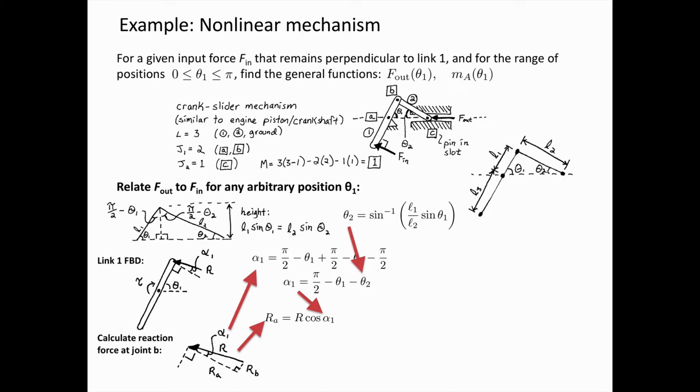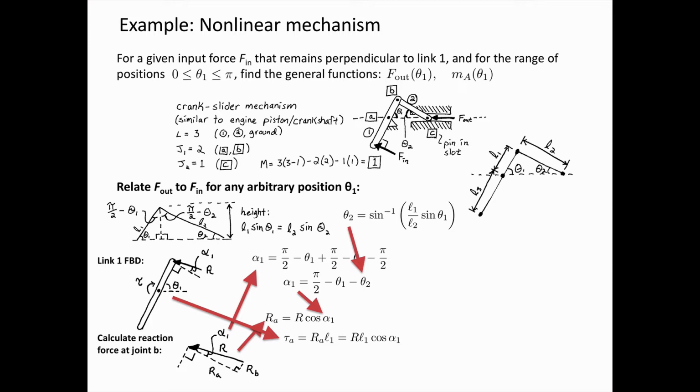Okay, now we're pulling multiple things together. We have alpha 1 in terms of theta 1 and theta 2. Well, we've already calculated theta 2, so we can plug that in for theta 2. We can cancel out 2 of the pi over 2 terms. And now that alpha 1 is known, that can be plugged into the equation for RA. Now, what is the torque and its relationship to RA and R?